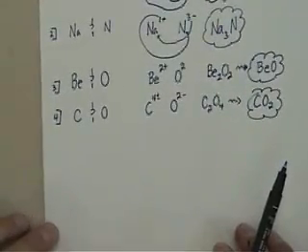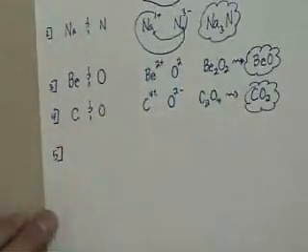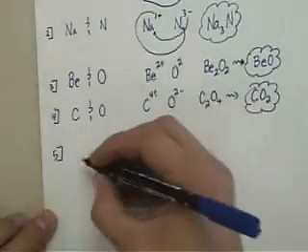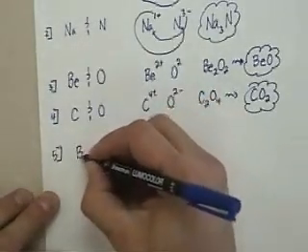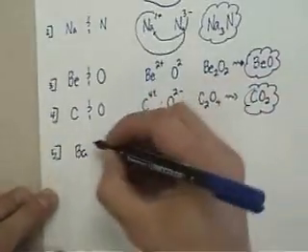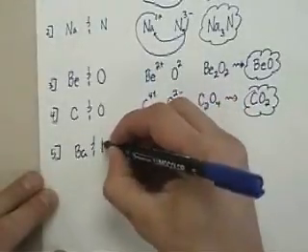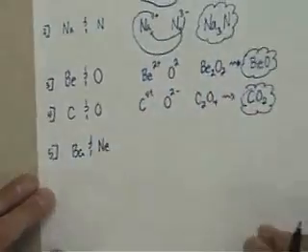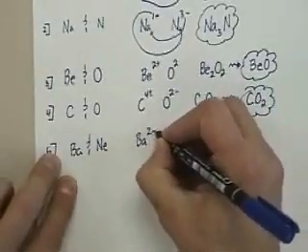Let's do, what can we do here? For a fifth one, let's take something else. Let's go with barium. Barium, you'd have to look up. It is element 56, but it falls in our 2+ category. We're going to take barium and have it go off with neon. Barium, like I said, ends up being 2+.